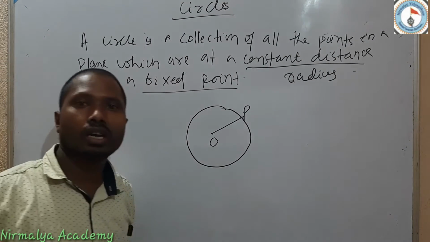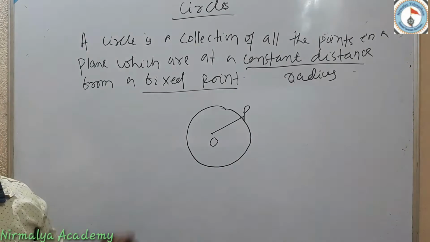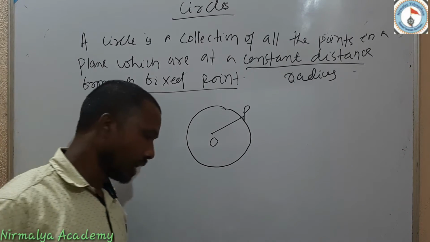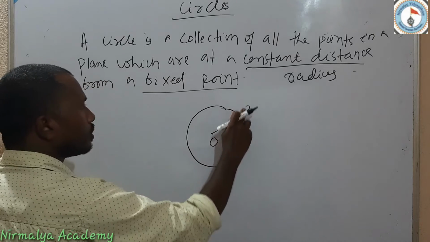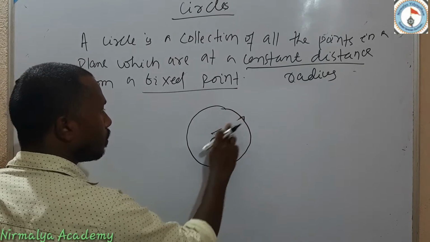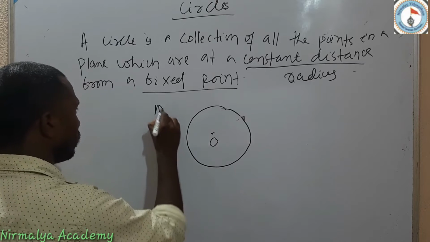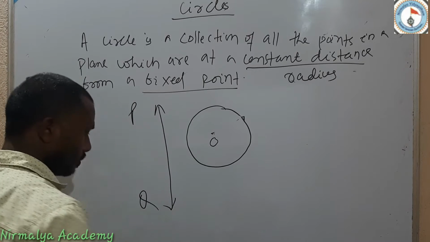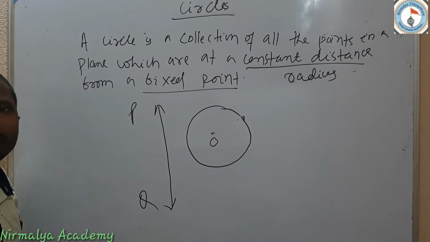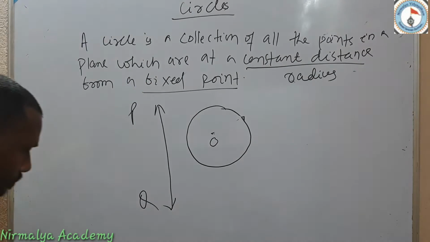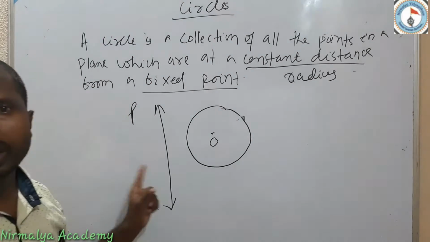So now let us consider a circle and a line. A circle with center O and a line segment PQ. Three possibilities can happen. First thing, there is no common point.